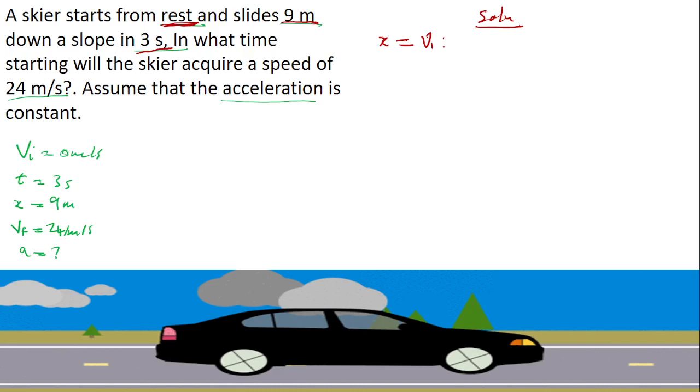From this information we have 9 meters, so you can say 9 is equal to 0, since that one is 0, so we are now going to say a and then time, which is 3 squared.